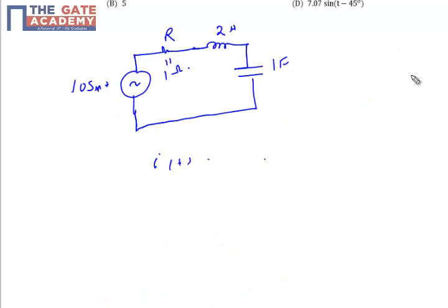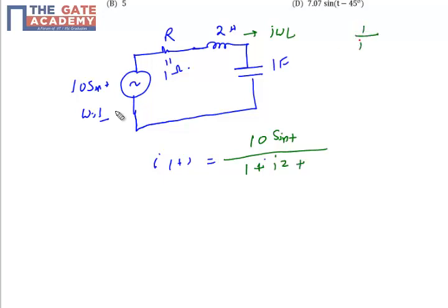So i(t): omega is the coefficient of t in sin t, so omega of the circuit is 1 radian per second. The current is voltage upon impedance, so voltage is 10 sin t upon R, that is 1, plus the inductor, that is j omega L, omega is 1, so 2j, plus the capacitor, 1 by j omega C, again omega is 1 and C is also 1, so 1 by j.